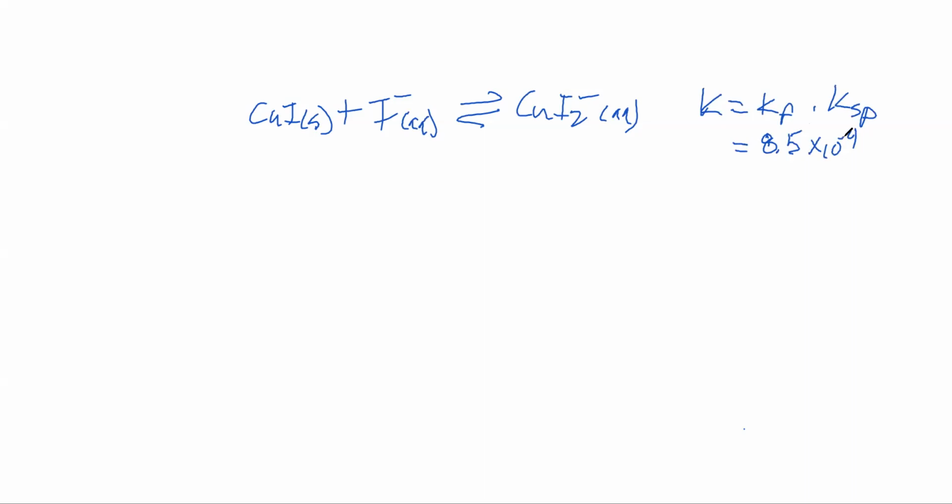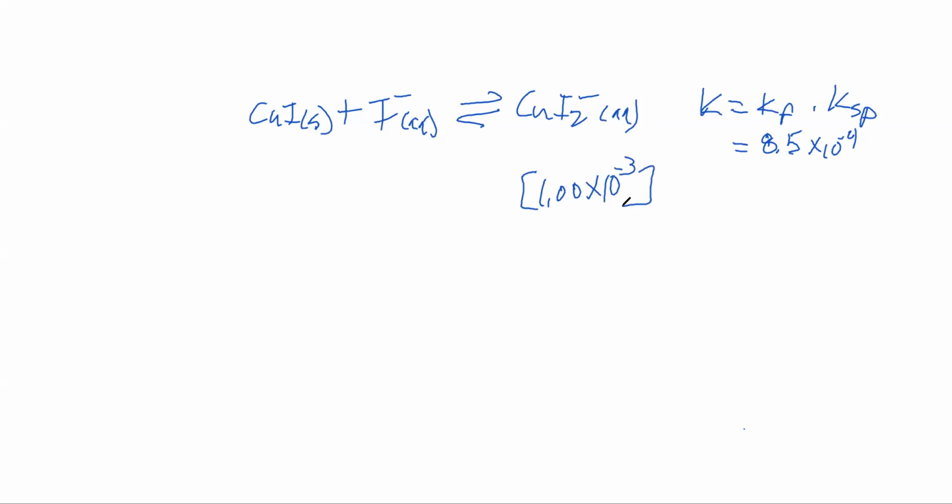And now we want all of that copper in that solution to dissolve. We want all of that CuI solid to dissolve. So we know what concentration this CuI2 minus needs to become. If everything dissolved, we would have 1.00 times 10 to the minus 3 of our CuI2 minus, because we've dissolved in all of that, and we have 1 liter.